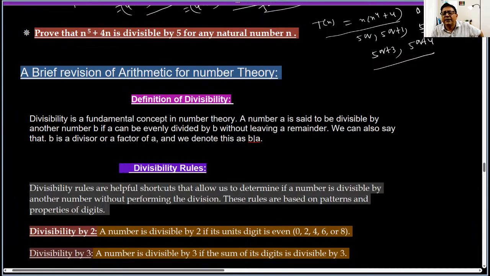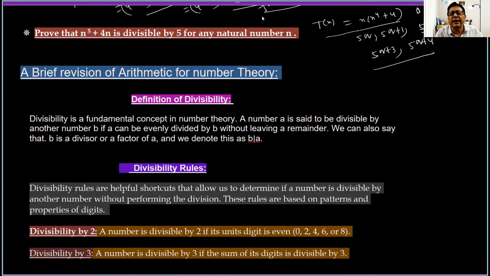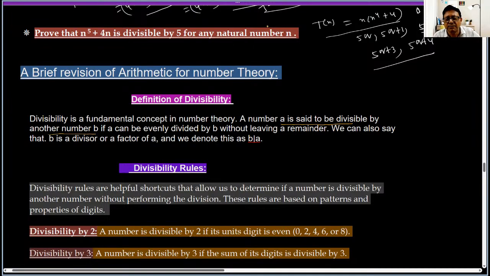A number A is divisible by another number B. Number means integer here. Positive, negative, both possible. We are interested in natural numbers, but this time it is true for all. Because a number divisible by 8 means we'll also consider the number divisible by minus 8.